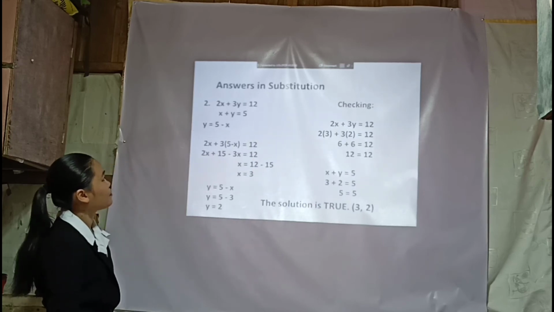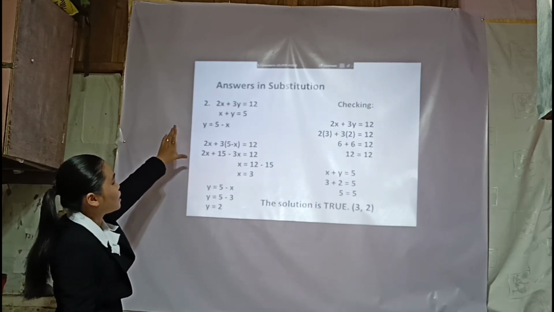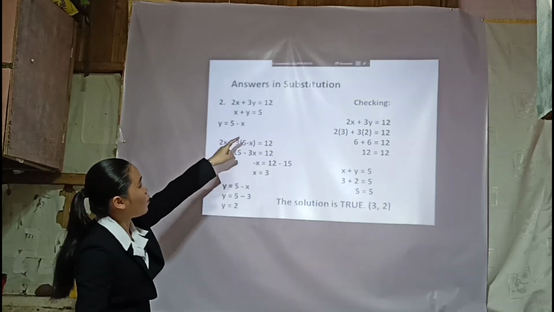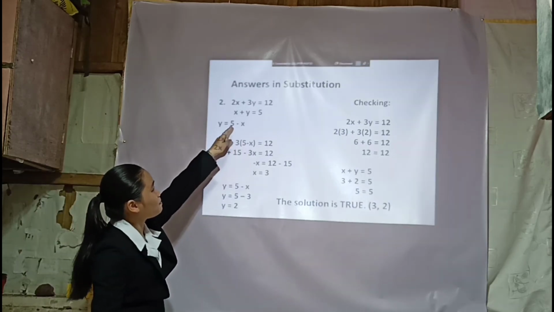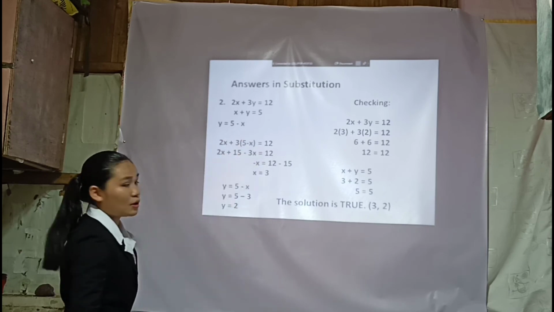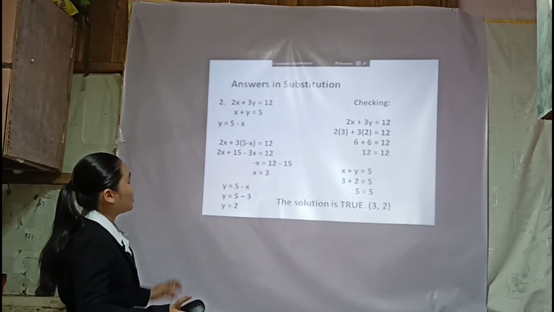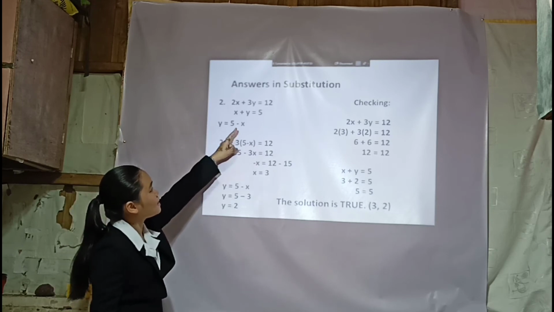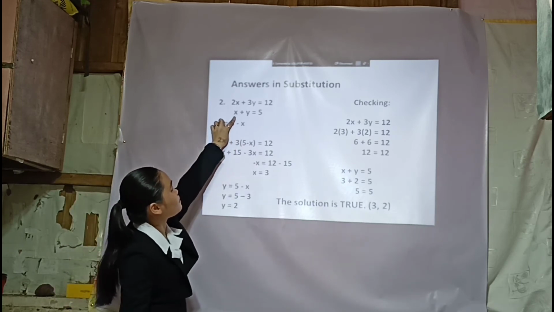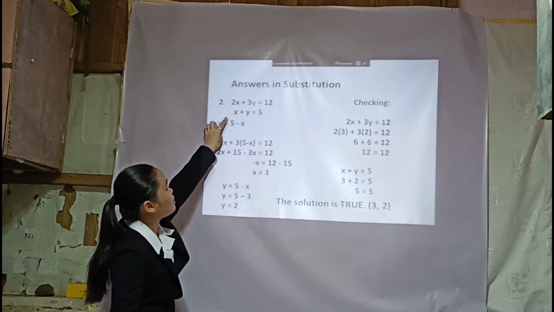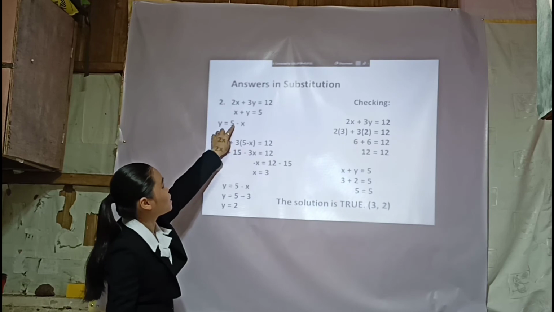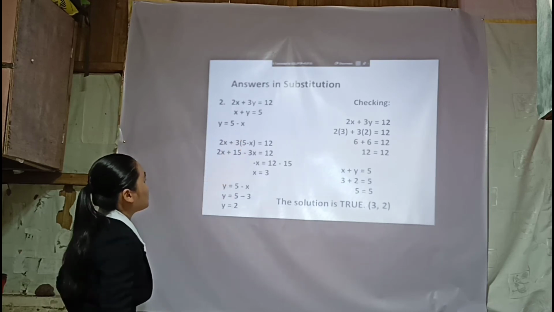Here are the equations. 2x plus 3y equals 12 and x plus y equals 5. So the first step, we will solve for y. So y equals 5 minus x because we will transfer the x from the second equation to the other side, that is why it becomes negative x.